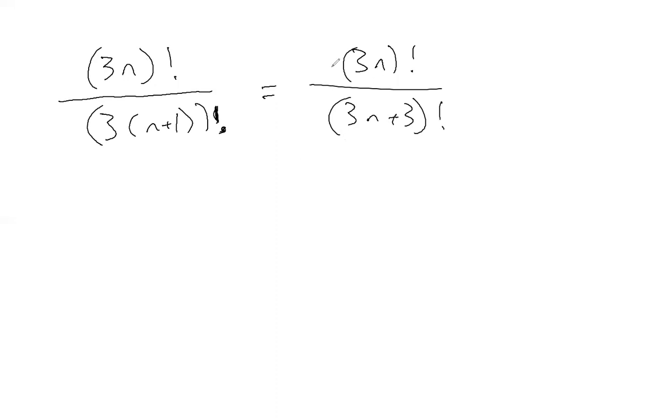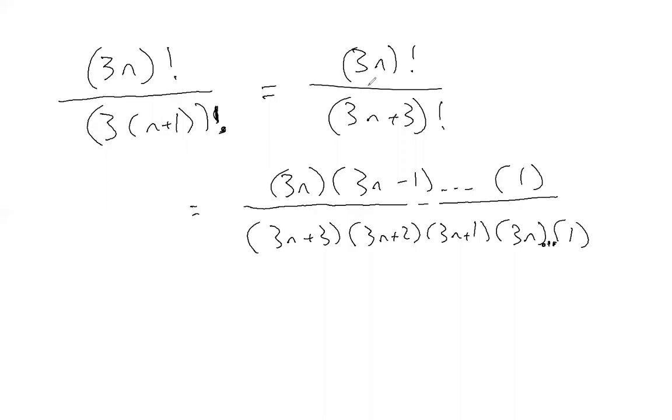Now let's try and simplify this fraction. Again, if you want to work at that on your own, pause it, and my answer will be up in a split second. So let's see, what do I have on the top? I've got 3n, then 3n minus 1, and so on all the way down to 1. In the denominator, I have something very similar, but I have these extra terms. I've got 3n plus 1, 3n plus 2, 3n plus 3. So like in the previous case, this time I have my smaller factorial on the top, but the same rule applies.